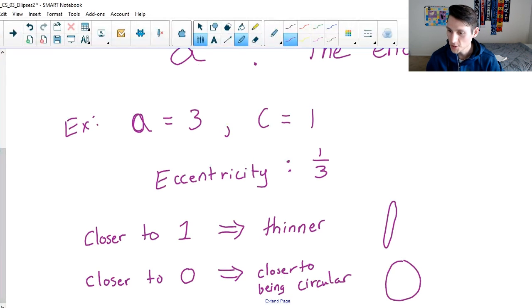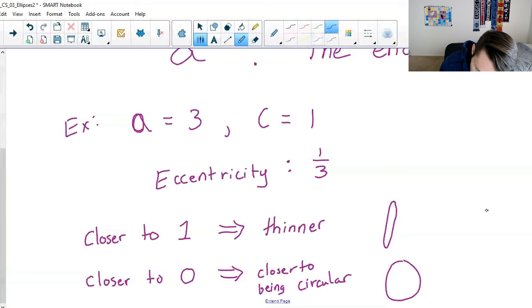Shorter. No, not shorter. Thickness. Sort of. Okay, so I guess that would be an example for a vertical ellipse.